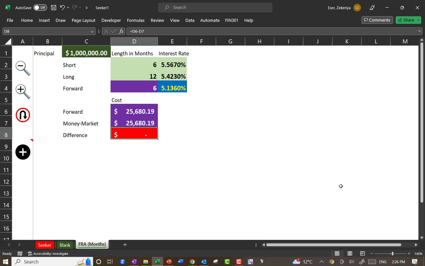So it's 5.1360. If you noticed, that forward 6-month rate is lower than both the current 12-month rate and 6-month rate. When the yield curve is downward sloping, forward rates are going to be much lower. When it's upward sloping, it's going to be much higher.